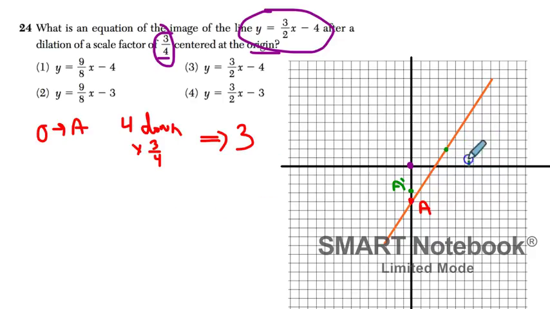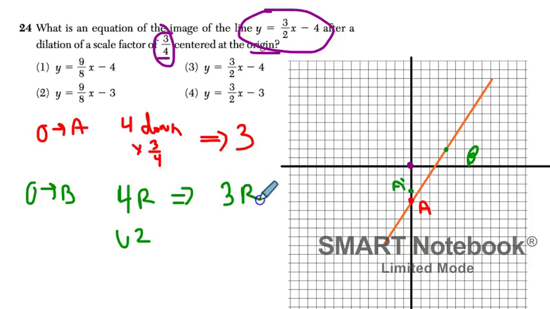Let's call that B. To get from the origin to B, I'm going right 4 and up 2. If I multiply both of those by 3/4, that means I'm going to go 3 to the right, and 2 times 3/4 is 1.5, so I'm going to go 1.5 up. So if I go up 1.5, and to the right 1, 2, 3, there's my new point.